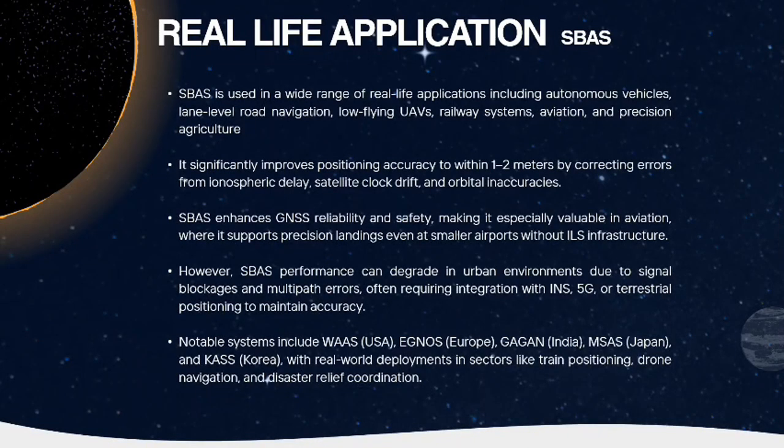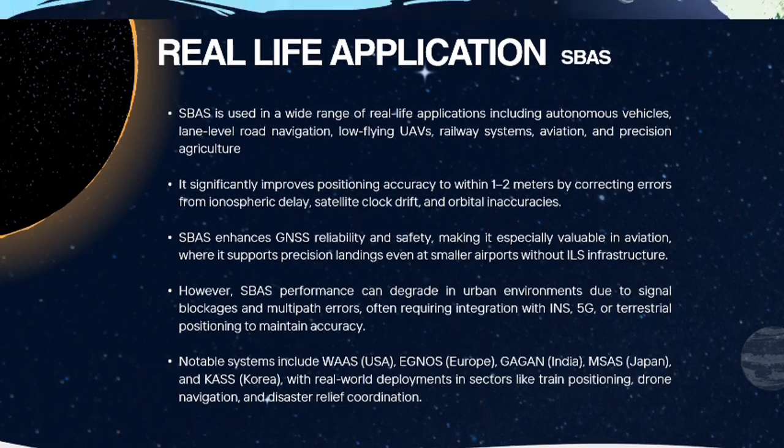Now let's move on to real-life applications. SBAS is used in a wide range of applications, including autonomous vehicles, land-level road navigation, low-flying UAVs, railway systems, aviation, and precision agriculture. SBAS enhances GNSS reliability and safety, making it especially valuable in aviation, where it supports precision landing even at smaller airports without ILS infrastructure.